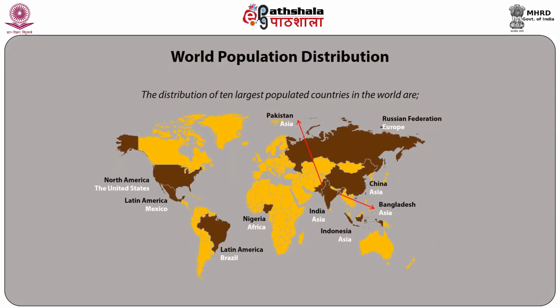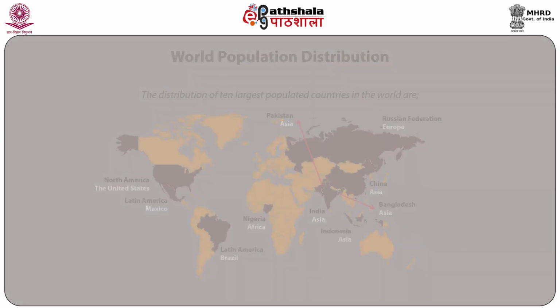The 10 largest populated countries in the world are distributed as follows: 1 in Africa, Nigeria; 5 in Asia, that is Bangladesh, China, India, Indonesia, and Pakistan; 2 in Latin America, that is Brazil and Mexico; 1 in Northern America, that is the United States of America; and 1 in Europe, that is the Russian Federation.